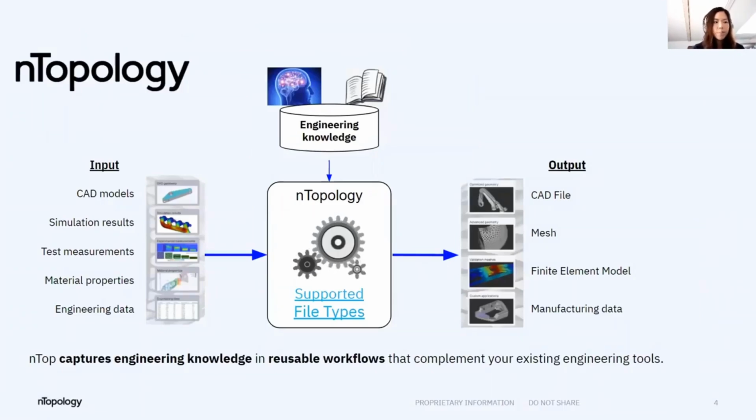Now, NTOP is meant to be used to complement and work with your current engineering workflows. So we don't typically start from zero. Instead, we import into NTOP things like CAD or mesh files that have already been designed, or even in combination with other engineering data and test results, for example, from structural analysis and optimization or CFD.